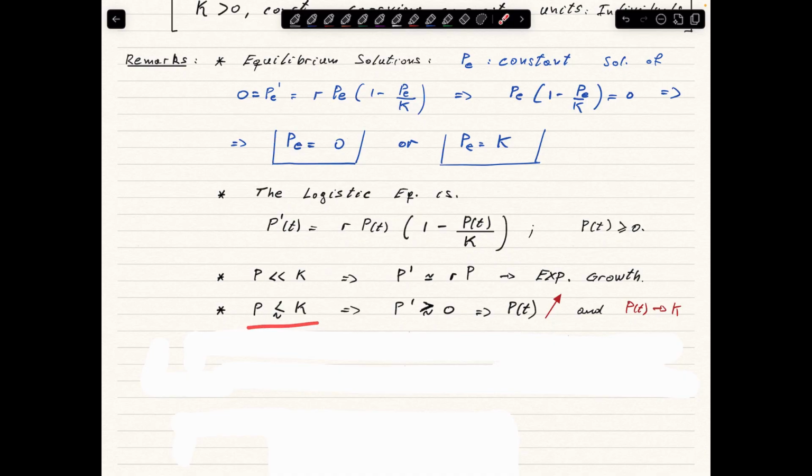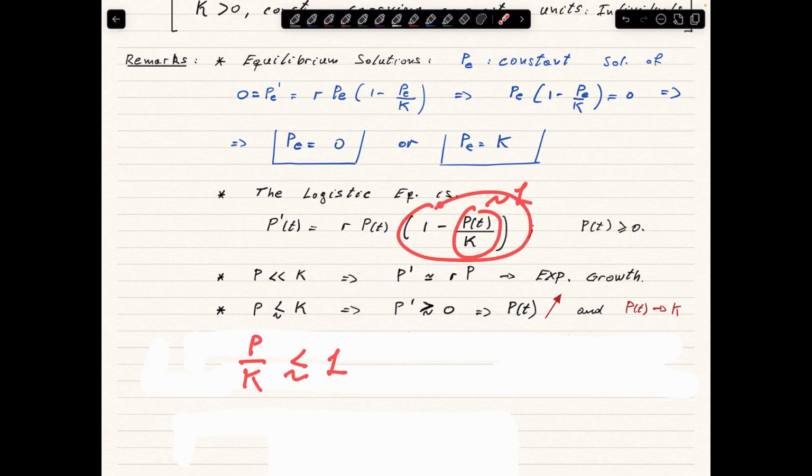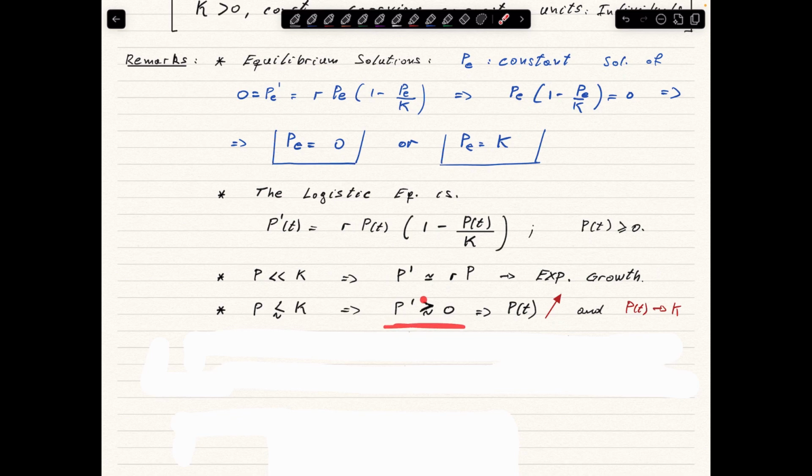What is gonna happen in that case? Well, in that case, p over k is gonna be smaller but very close to 1. So this here is going to be close to 1 from below. That means that this whole thing is going to be close to 0, but positive, but getting close to 0.